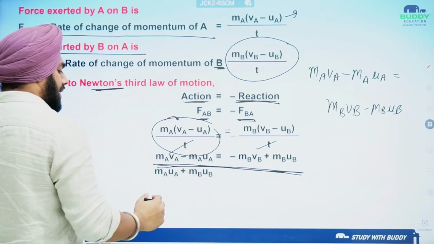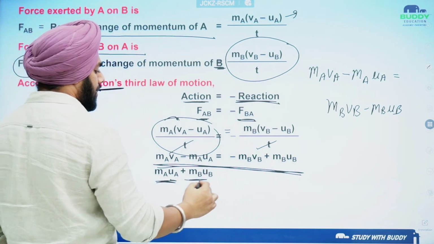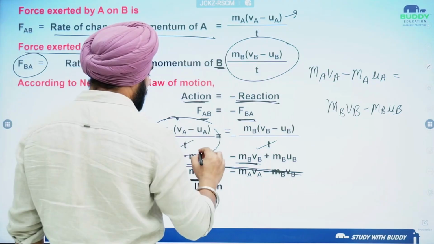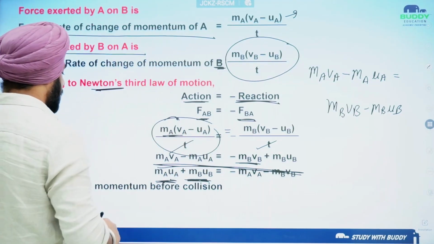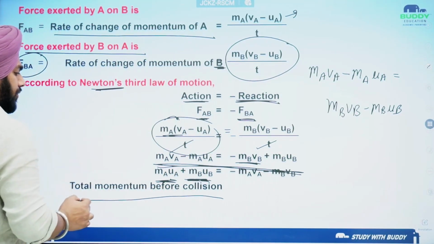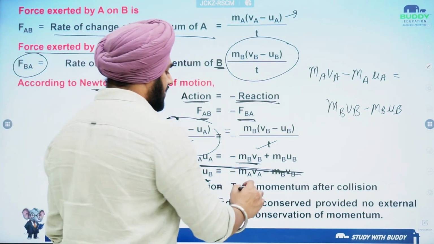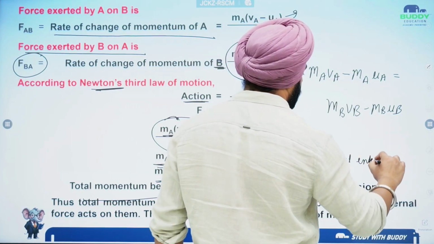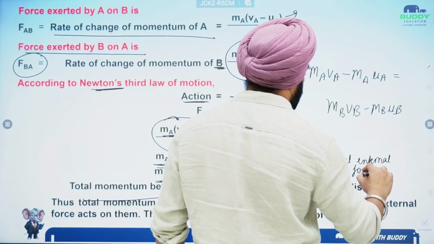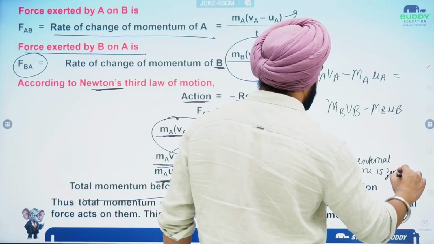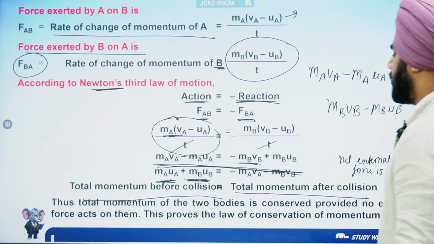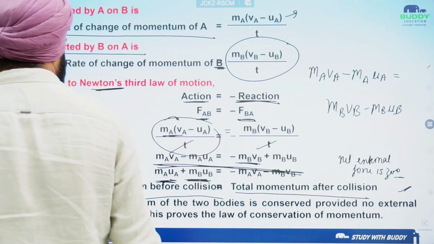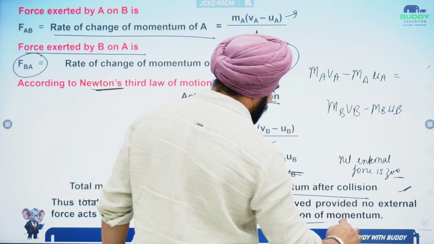Finally, MAUA plus MBUB is equal to MAVA plus MBVB. So the total momentum before collision will be equal to the total momentum after the collision when the net external force is 0. Okay. So the total momentum of the two bodies is conserved when no external force acts on them. This proves the law of conservation of momentum.